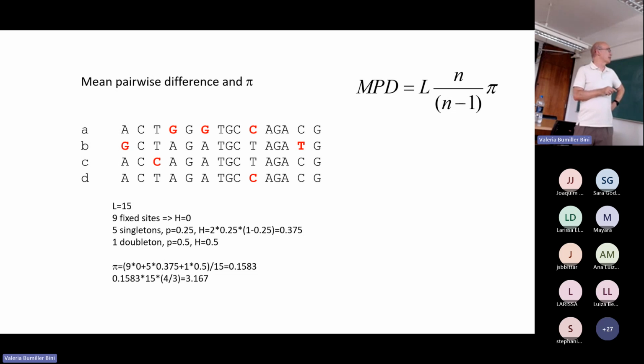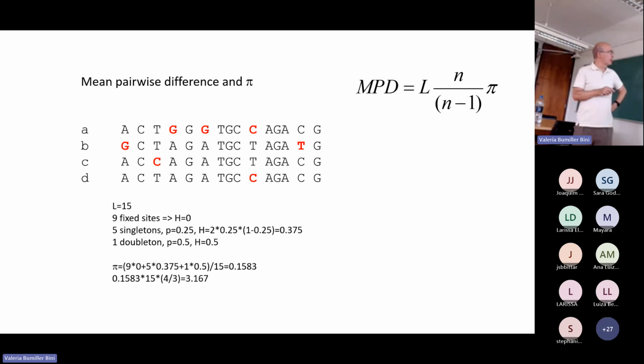We have 5 singletons, this, this, and this. Since singleton means we only see one allele over 4 sequences, then P is 0.25. Then the heterozygosity will be, by the formula, 0.375.